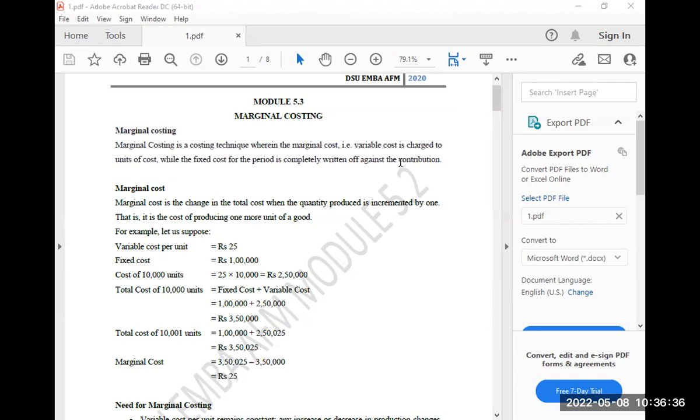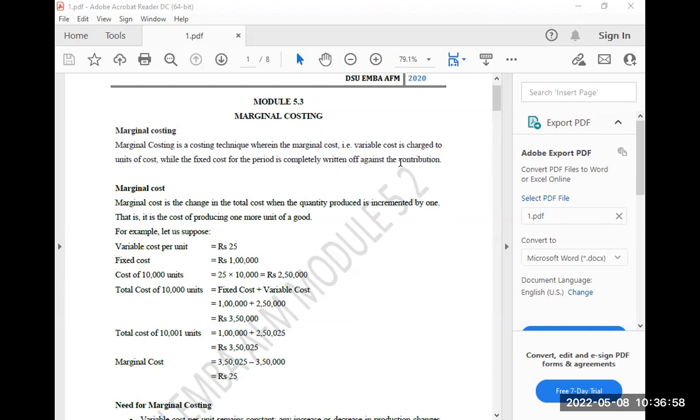Marginal cost means the incremental cost, the additional cost, the extra cost, what we are incurring to produce one more unit of output. Suppose the total cost to produce 100 units is 10,000 rupees.